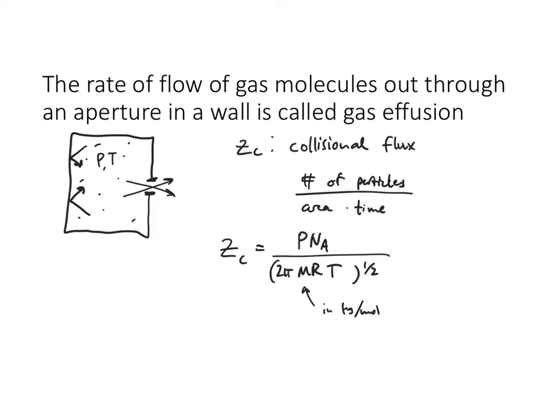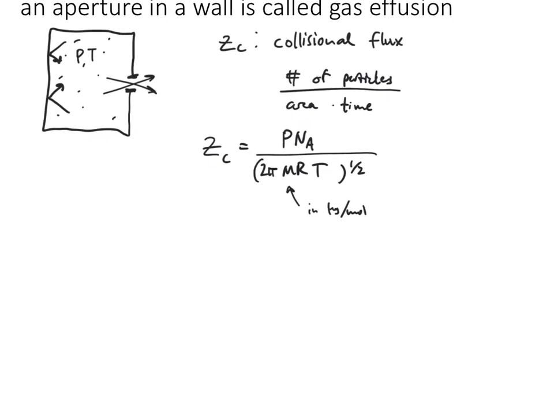All right. There is another equation that it gives you where it's just P, and in the denominator is (2 pi m kBT) to the 1/2 power. Now this m here is the mass of one particle.